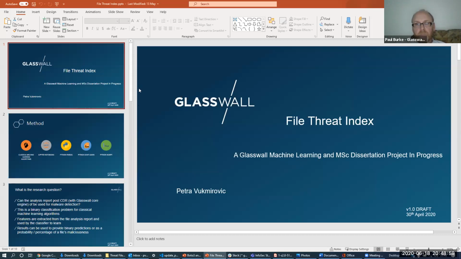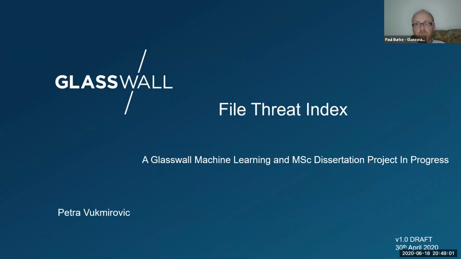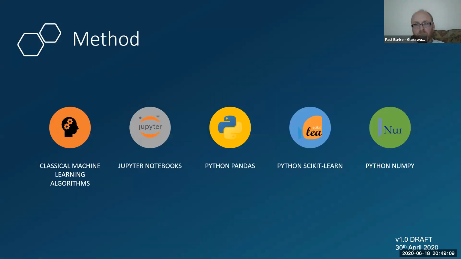Okay, so quickly, this is just something that I've done in Glasswall. I'm doing it with machine learning, which is kind of a way to approach CDR and prove its efficiency and correlation, actually not just removal, but potentially even detecting it.